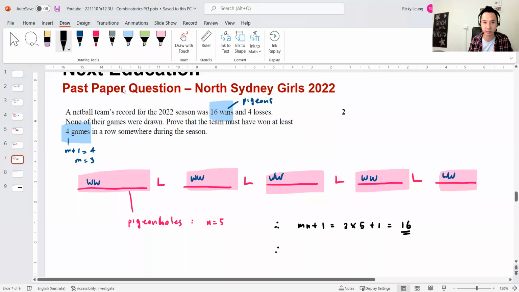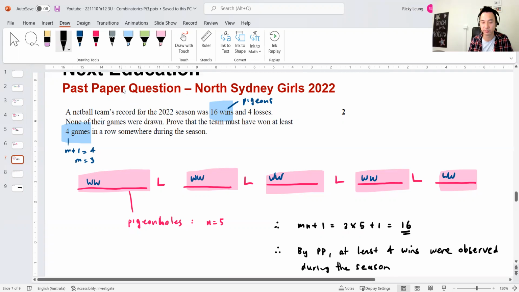So therefore, by the Pigeonhole Principle, at least 4 wins were observed during the season.